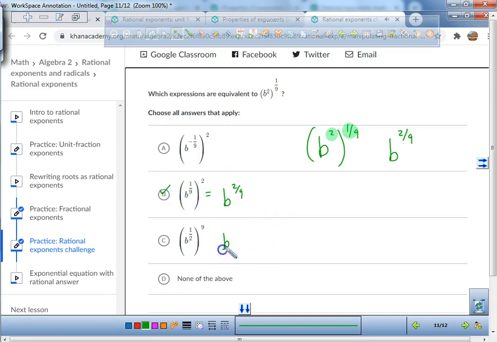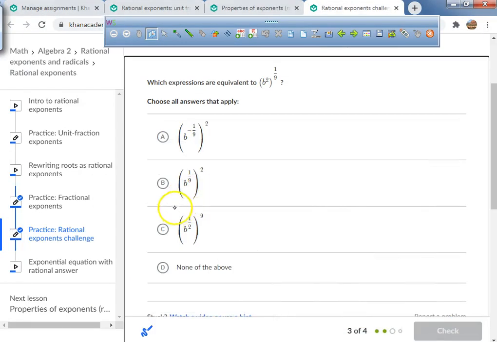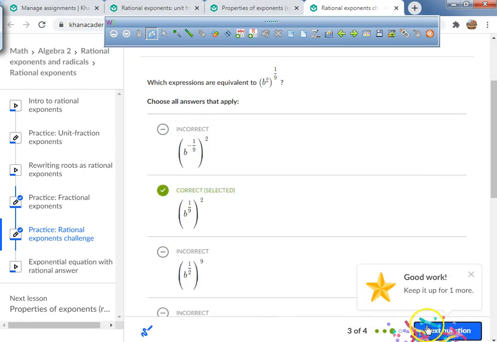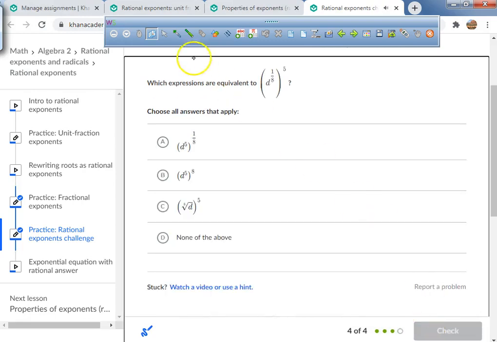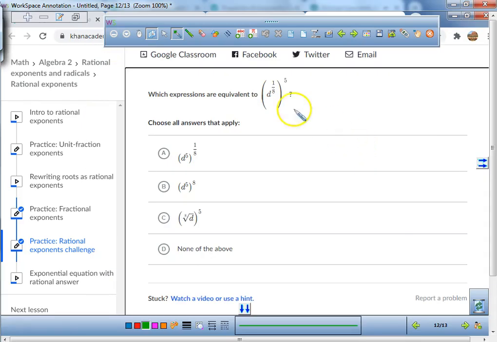This one becomes b to the power of 9/2, so I'm not choosing that one. And this becomes b to the power of negative 2/9, and I'm not choosing that one. So this is the only one that matches. Okay. So basically on this challenge one, you're just trying to figure out the ones that match and the ones that don't match.